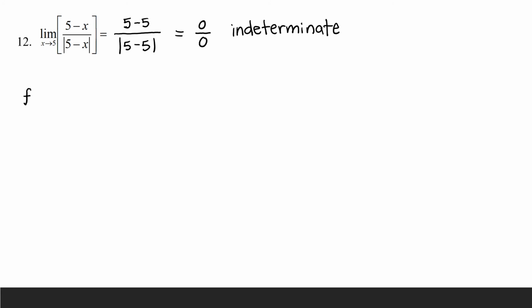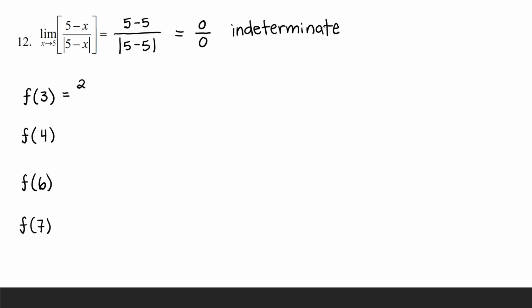So let's find f of 3, f of 4, can't find f of 5, but we can find f of 6 and f of 7 hopefully. So f of 3 will give us 5 minus 3 over the absolute value of 5 minus 3.